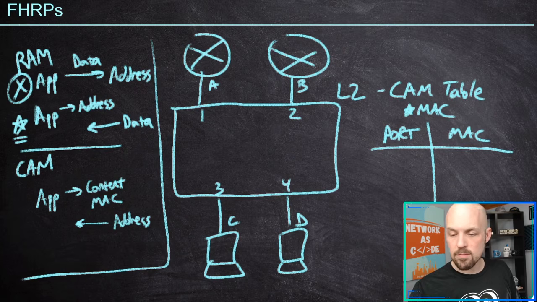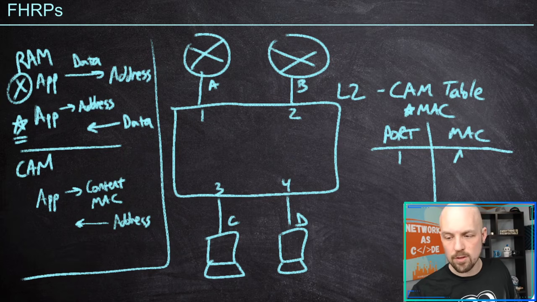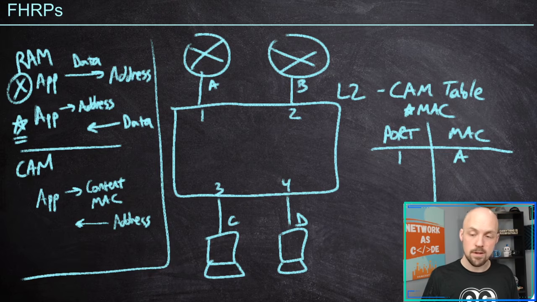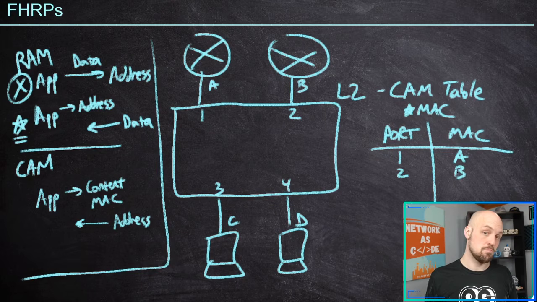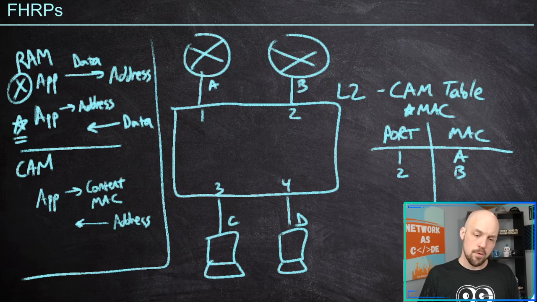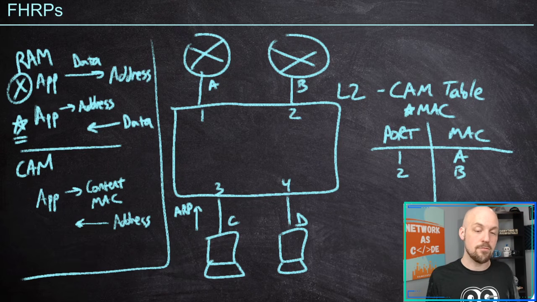All right, so we've got a mapping. This router starts speaking on port 1. We learn that MAC A lives out port 1. Same thing with port 2. Router B starts speaking, and MAC address B shows up on port 2. Now think about this. As soon as C speaks, let's say C sends that ARP request, asking for the virtual MAC address.